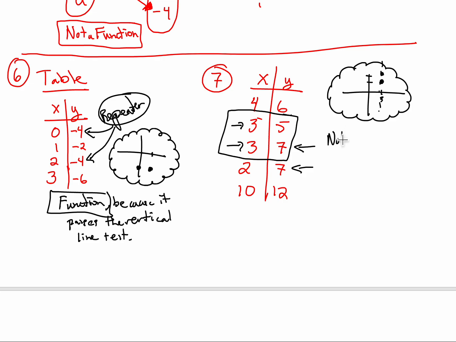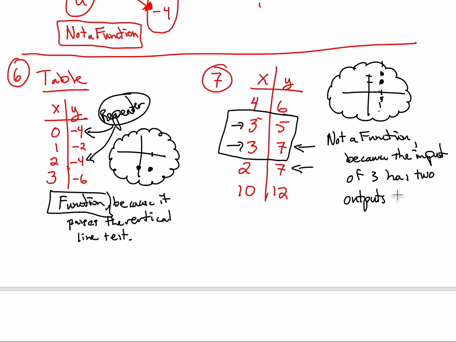So not a function because the input of 3 has 2 outputs. And I'm going to name them, 5 and 7. And that just helps make that reasoning so much better for why it is or is not a function.